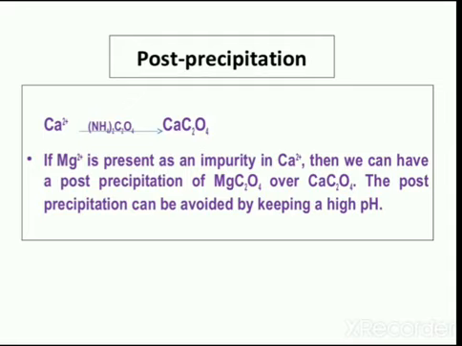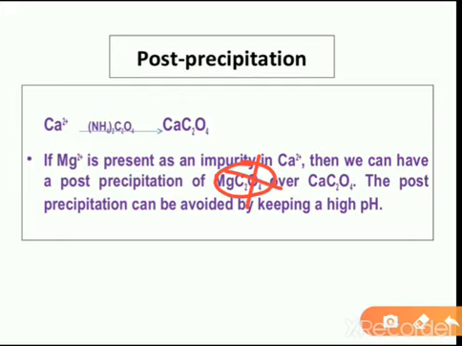If we wash properly with a suitable solution, there will not be the formation of magnesium oxalate. So we can avoid the formation of magnesium oxalate by dissolving or washing in a suitable solution.